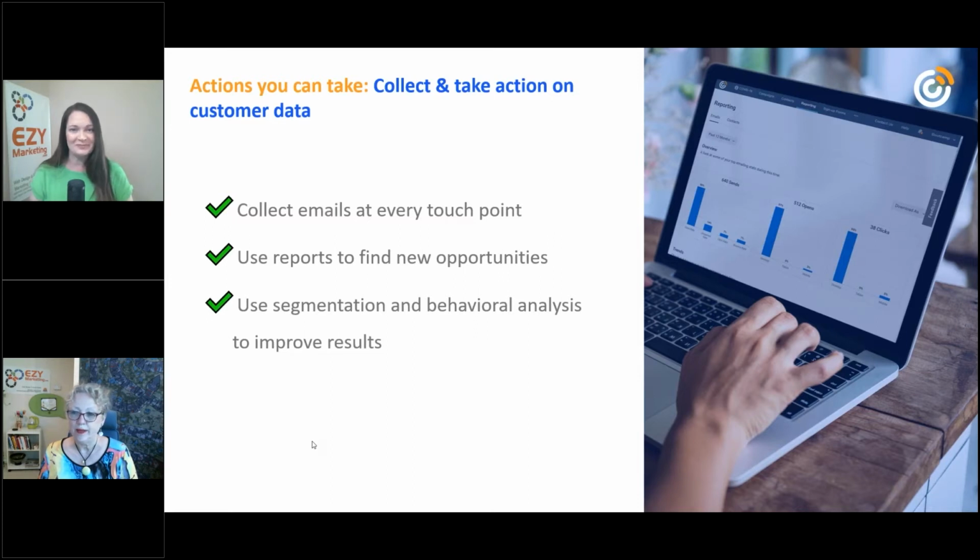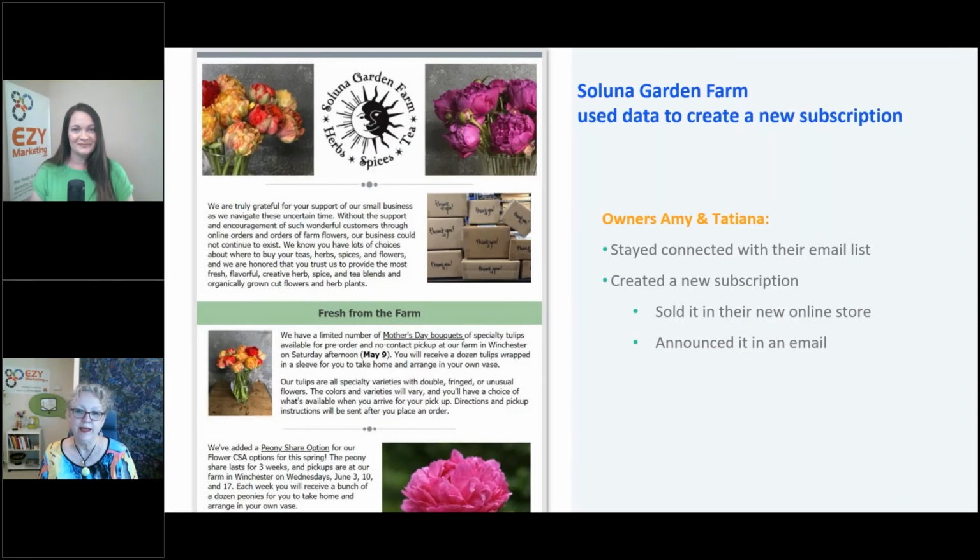So we do have an example here from a little garden farm, and they are a Constant Contact user. And when COVID hit, they had to close the doors. And how would they even get their products out?